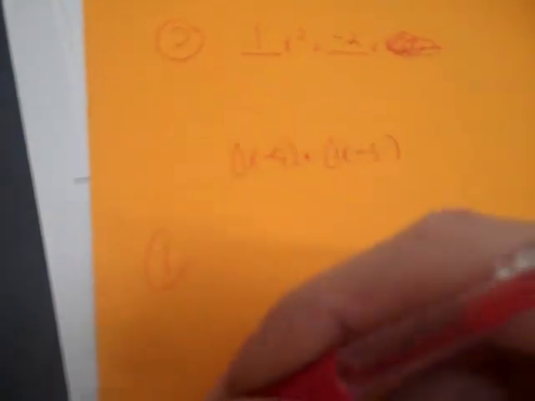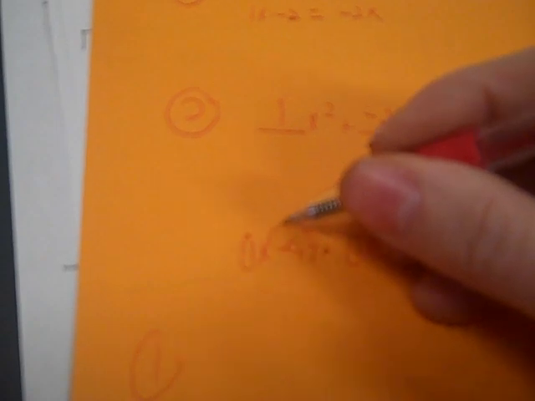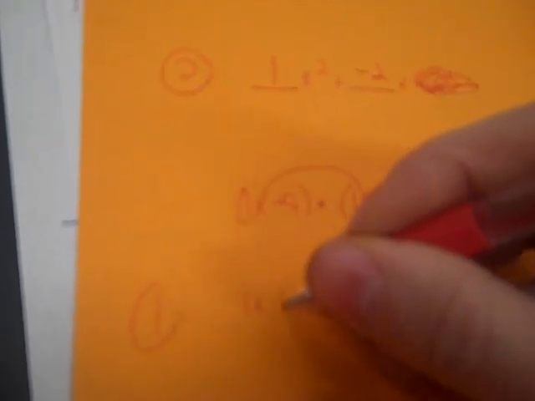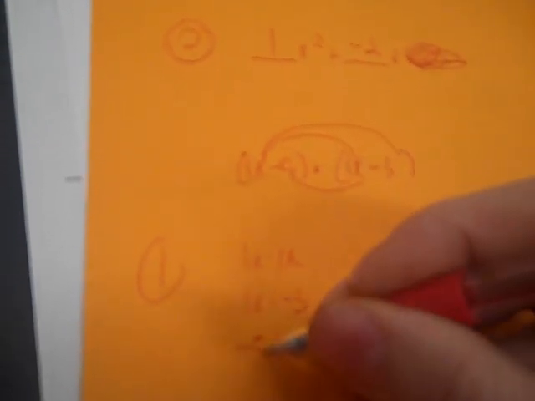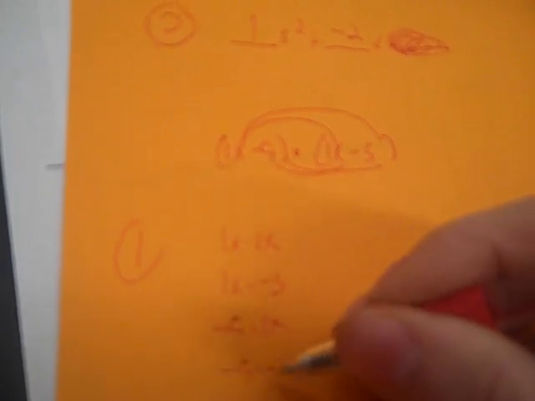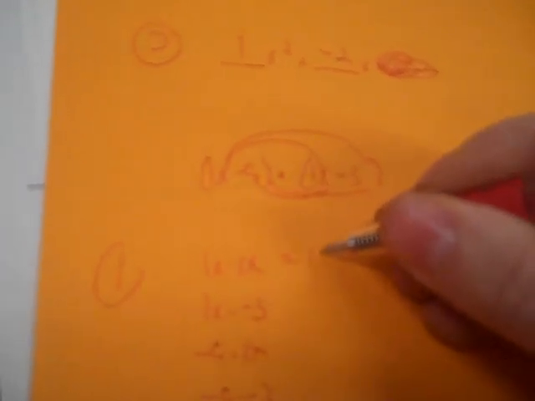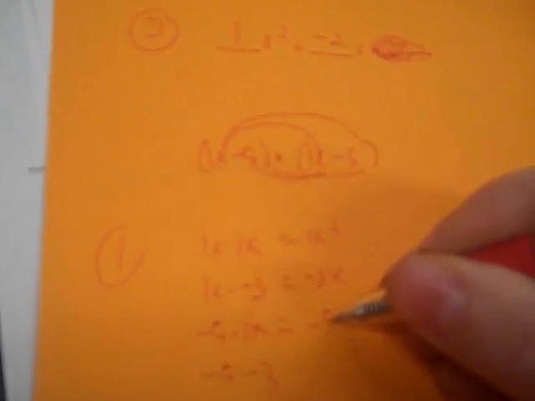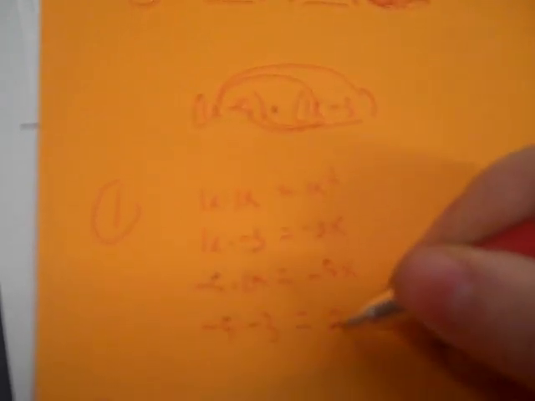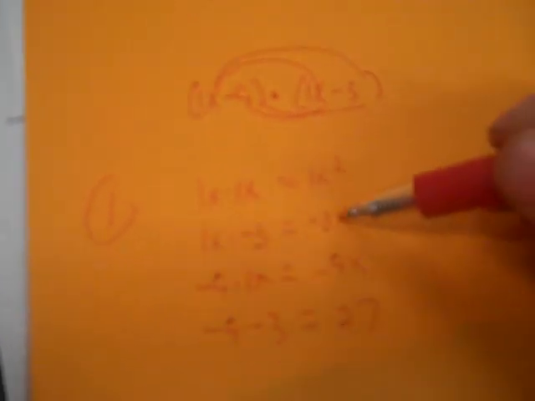Again, when you find a product of 2 binomials: 1x second, negative 3x, negative 9x, 27.